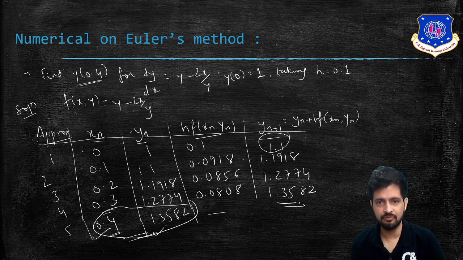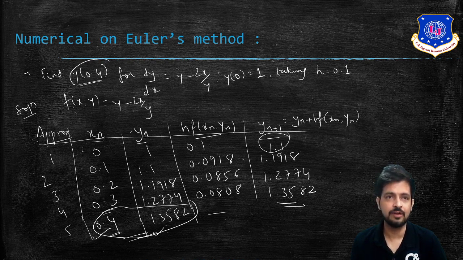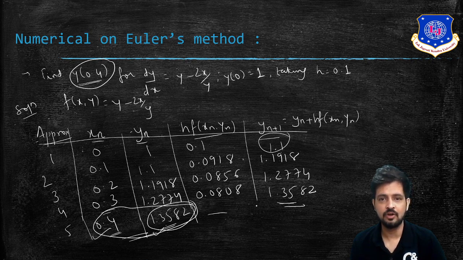There is no need to find these two values because this value is to be written here. That means for xn equal to 0.4, this is our yn, and we have to find y of 0.4. Actually we have got the answer here, but for better understanding, we write this value here. So 1.3582 is the answer for y of 0.4.